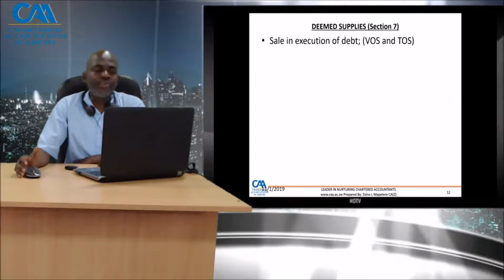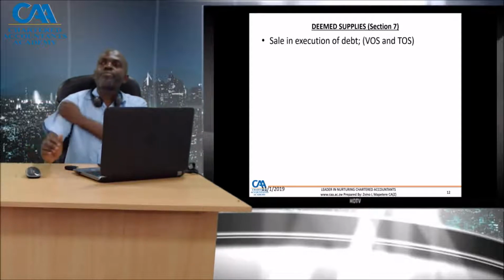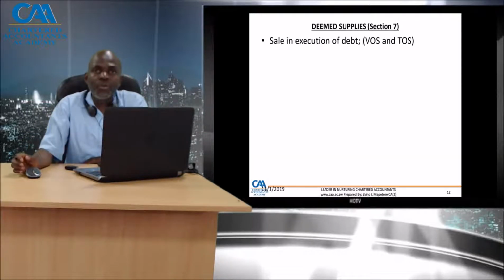The first one is wherever there is a sale of property or assets or goods or services in execution of a court order. So it's possible that a taxpayer A owes another person B, and B goes to A based on some court order, and they seize A's property.